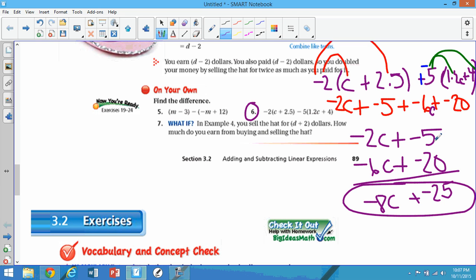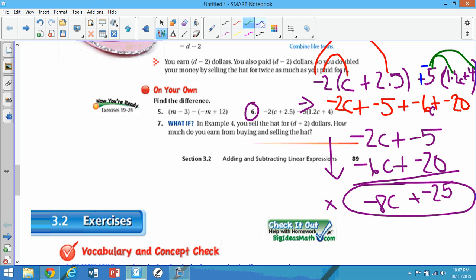And this is what I would want to see for work. I expect to see that. You're going to get a point for showing that you can distribute. You're going to get a point for showing that you know how to turn this subtraction problem into plus the opposite. Then you're going to get a point for showing the combining of your like terms, and a point for your answer.